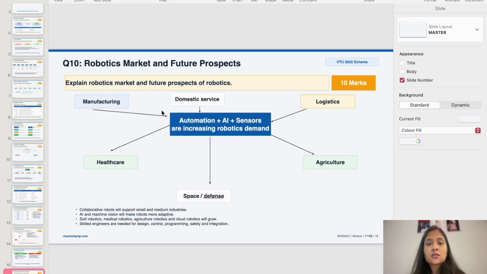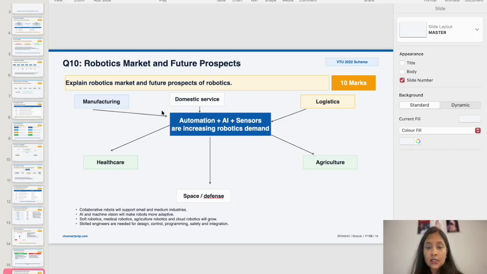Next question is robotics market and future prospects. Let us understand the robotics market and future prospects. The demand for robotics is highly increasing because of automation, artificial intelligence or AI, sensors, and machine vision.